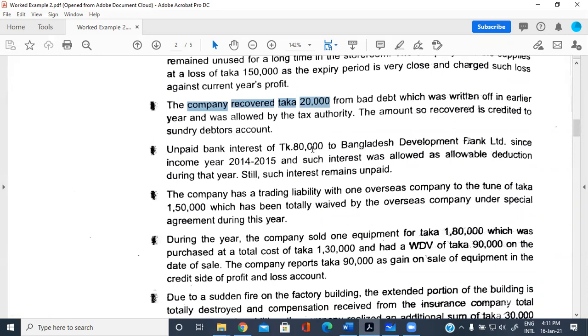unpaid bank interest of taka 80,000 to Bangladesh Development Bank Limited since income year 2014-2015, and such interest was allowed as allowable deduction during that year. Still such interest remains unpaid.